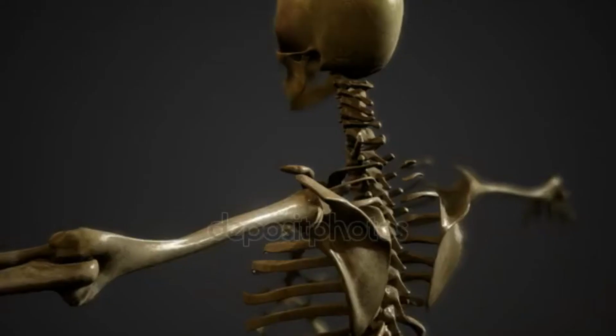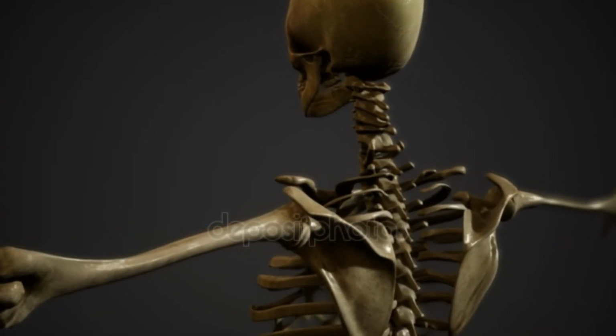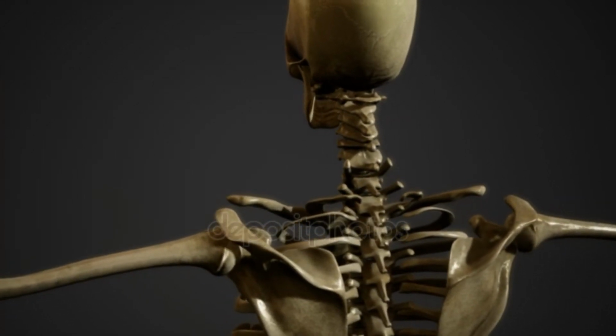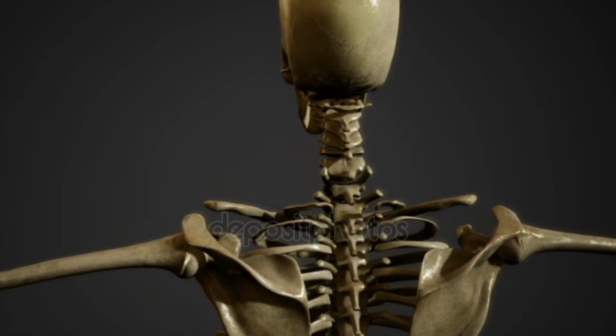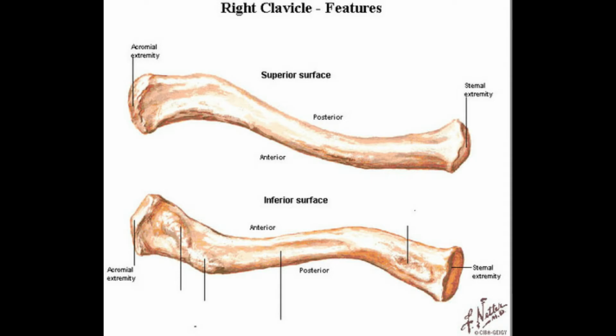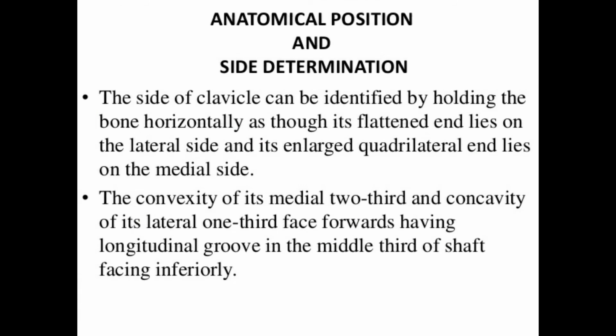After the general overview, let's take a look at the side determination characters of the clavicle. As discussed earlier, the clavicle has two ends, the lateral and the medial one. In side determination, you have to know that the lateral end of the clavicle is flat and the medial end is large and quadrilateral, meaning it has a four-sided structure.